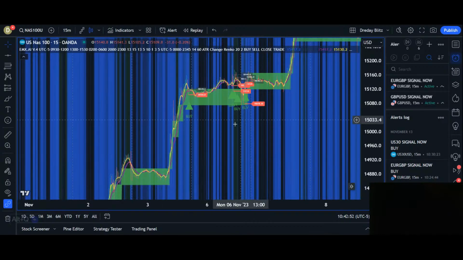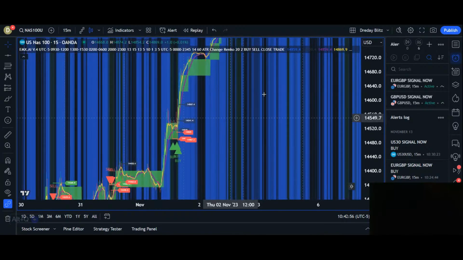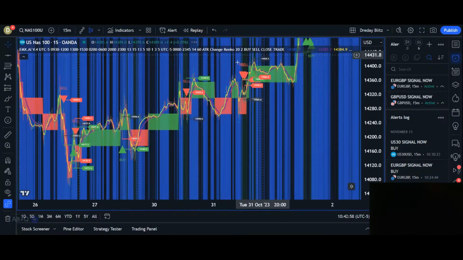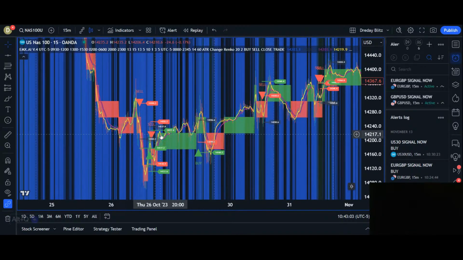you're going to see that the Nasdaq, US 30, and S&P 500 are moving the same. So if we look, we were bullish since, I would say, the 28th of October.